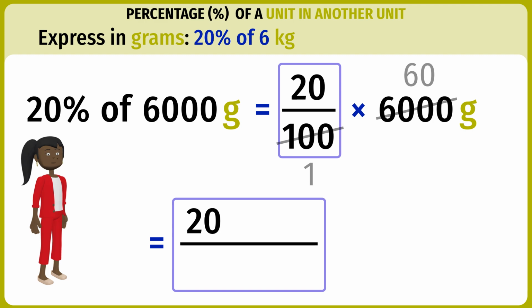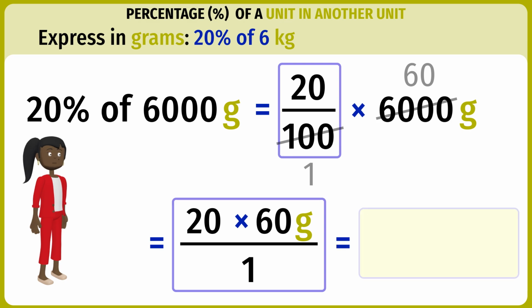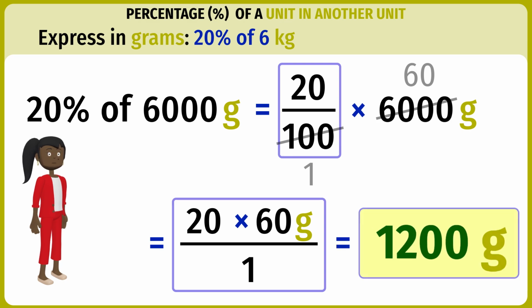Consolidating, we get 20 into 60 grams by 1, equals 1,200 grams. 20% of 6 kilograms equals 1,200 grams.